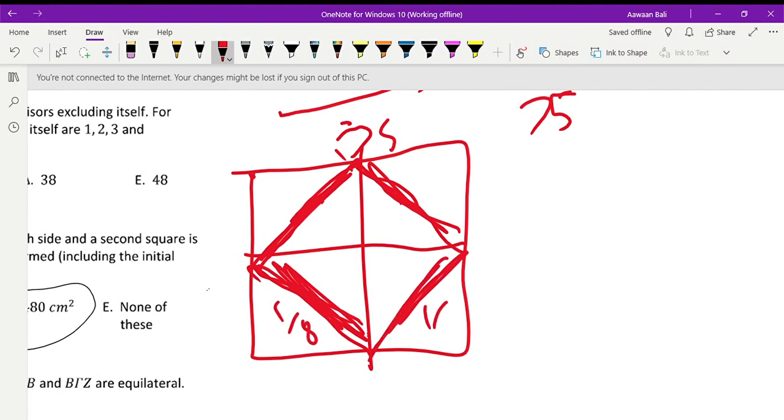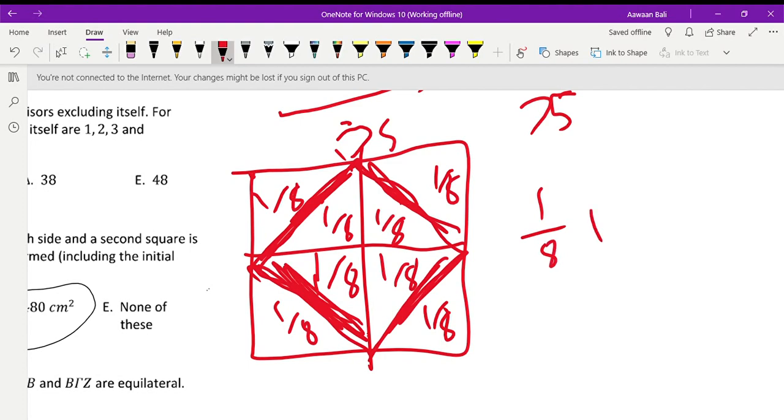This is an eighth, this is an eighth, and so on for all eight pieces. If you do 1 upon 8 times 4, that's 4 upon 8. So this square is 4 upon 8 of the whole square.